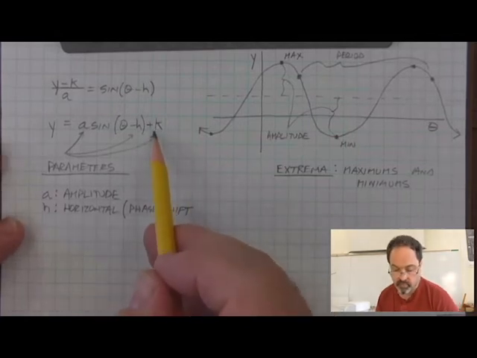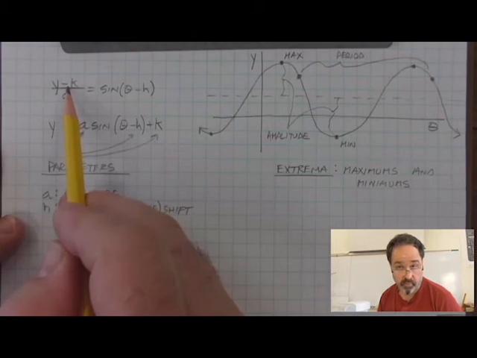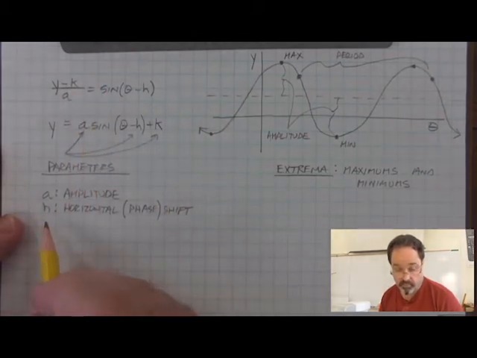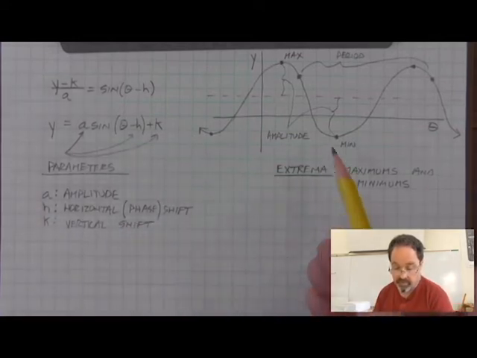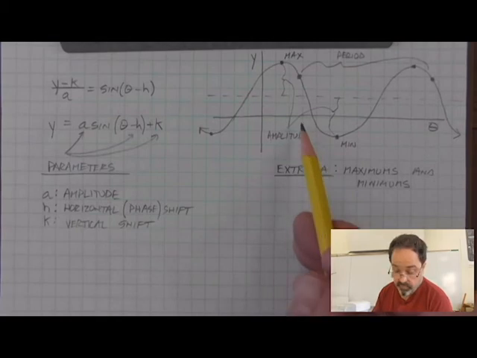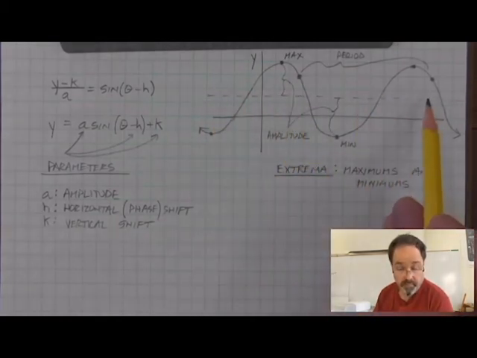The value in the equation, k, that we add or subtract to the vertical variable y is how much we move the wave up or down. k is the vertical shift. It's easy to observe the vertical shift in a wave if we can identify where the midline is.